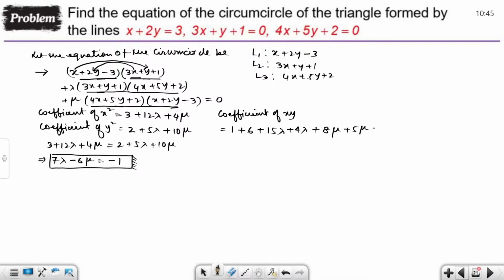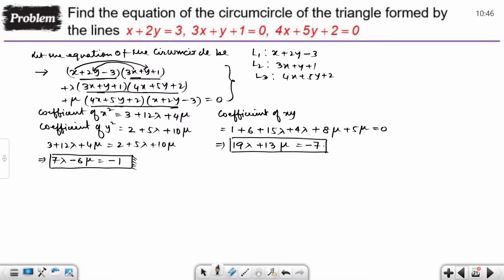And this is the coefficient of xy when we expand this whole expression. So this has to be equal to 0. So from here we get the second equation. Am I correct? So this is the first equation and this is the second equation.